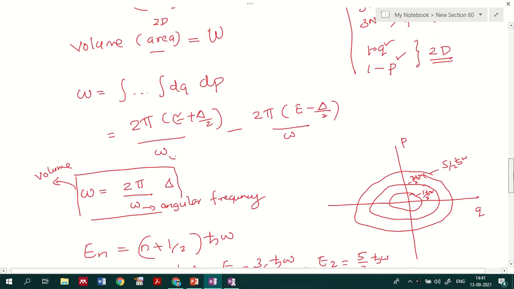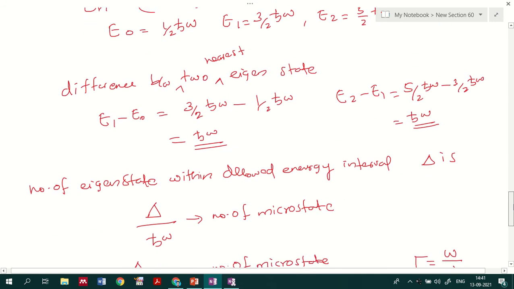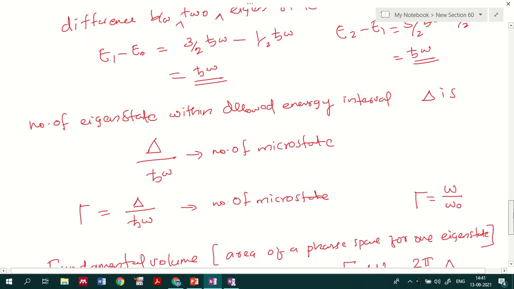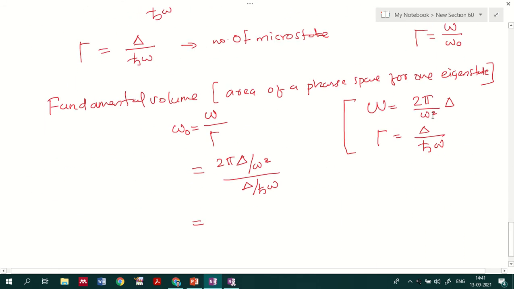So do that correction in your case. And here also omega is equal to 2 pi delta by omega, so I will be getting omega 0 equal to 2 pi h cross.